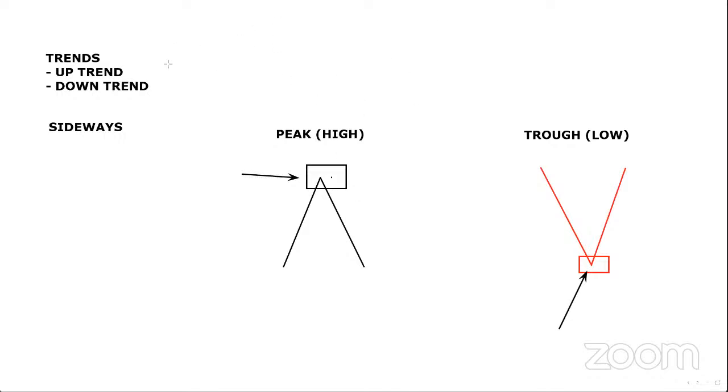It's going to be something that looks like this. A downtrend is simply the opposite, a series of peaks and troughs that are going downwards. Sideways, it is sideways, just like this.